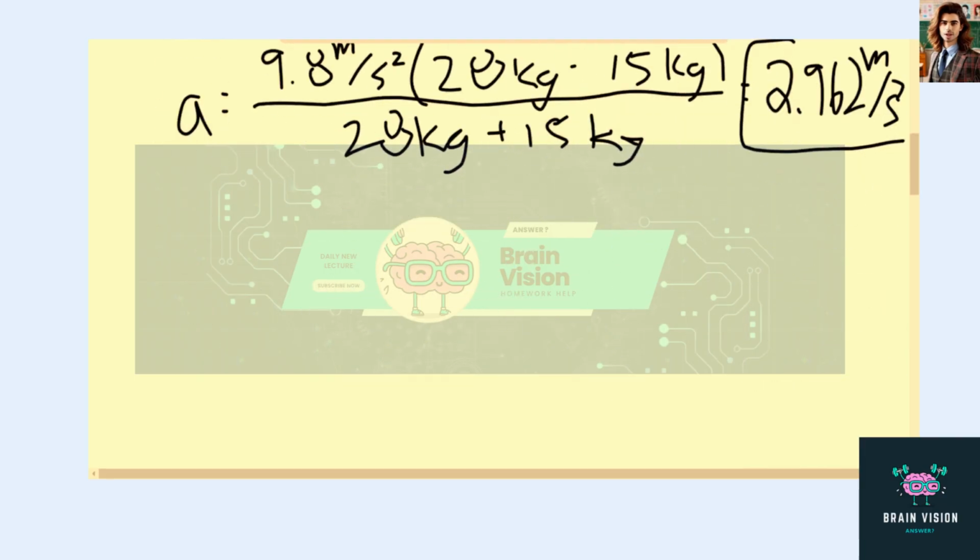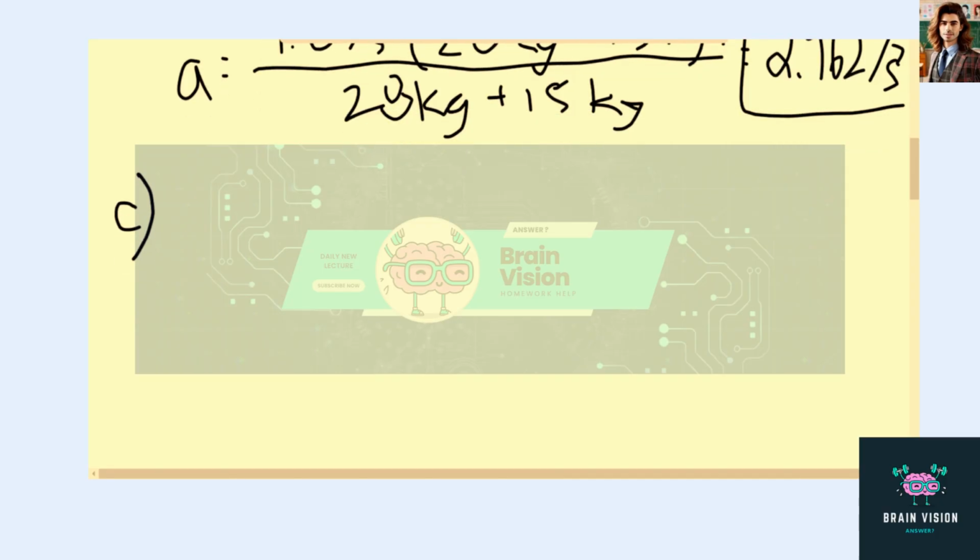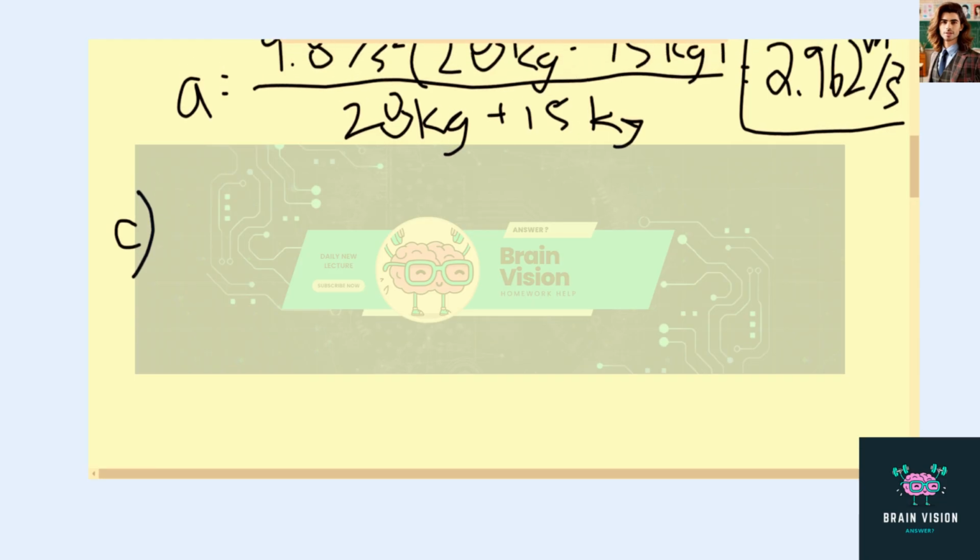And then the last part that it wants us to find is figuring out what the force of tension is and then comparing that to the two masses. So we're going to take this acceleration, the 2.962 meters per second squared, and plug that into either one of our expressions for tension. I'm going to do that for the pallet of bricks.